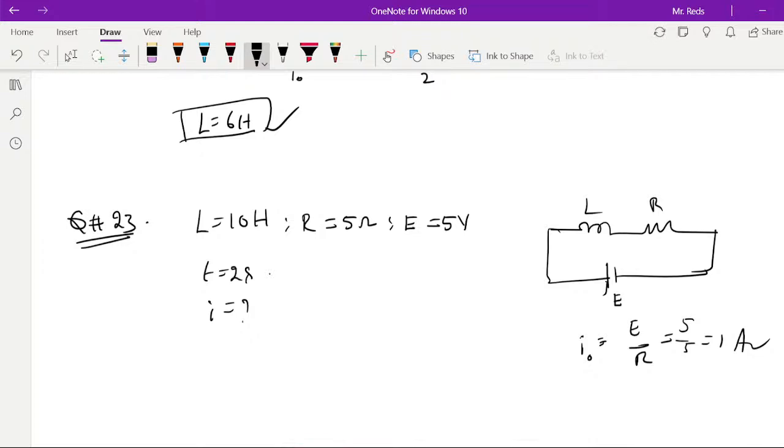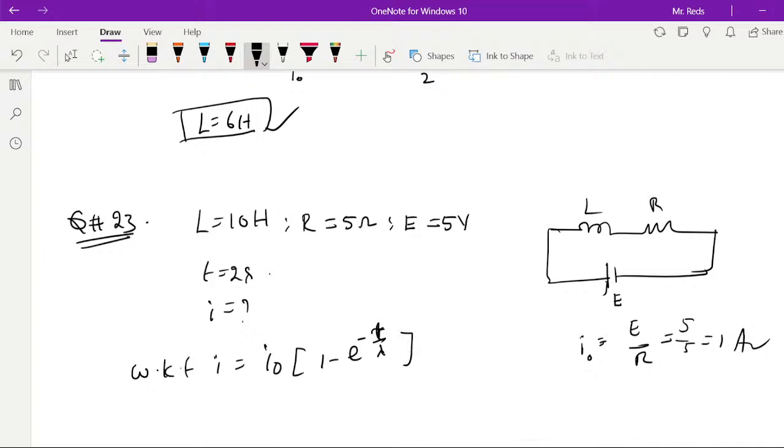The current which varies with time is given by I is equal to I naught into 1 minus e power minus t by lambda.